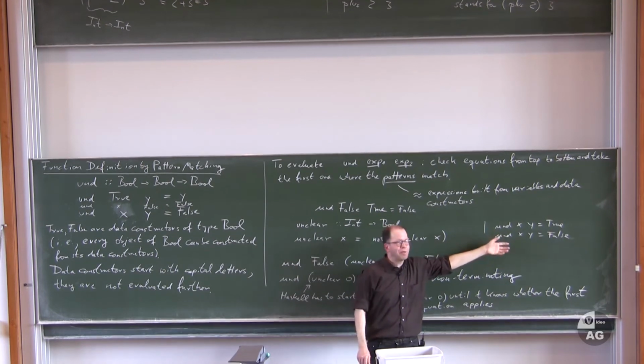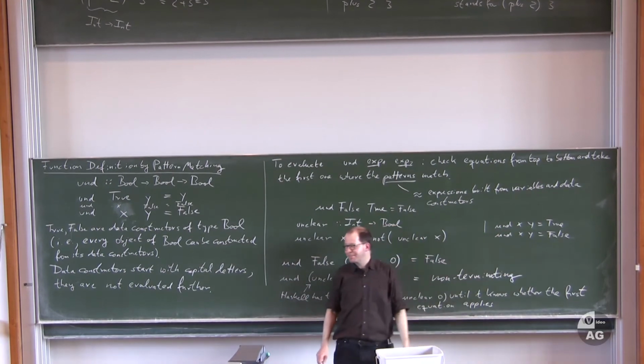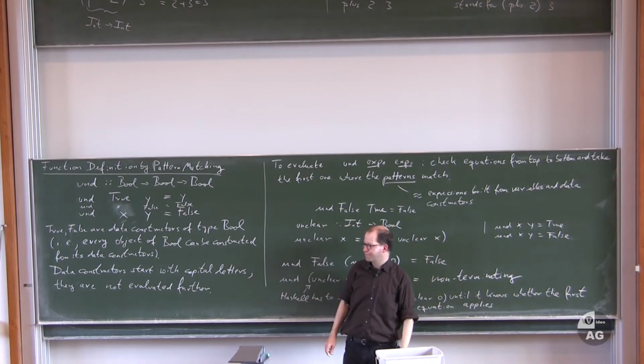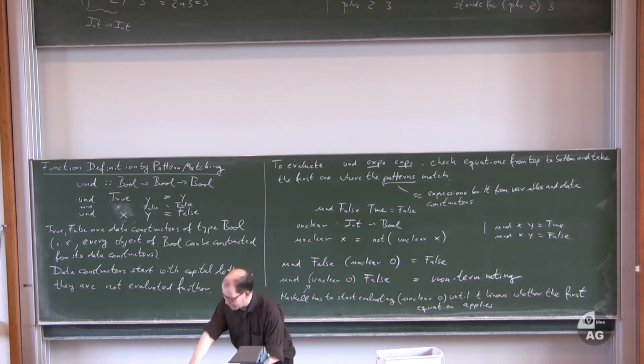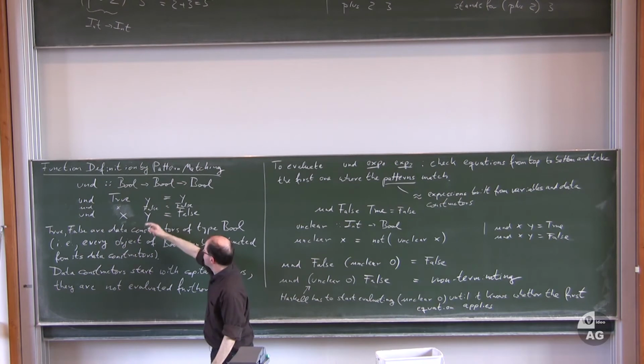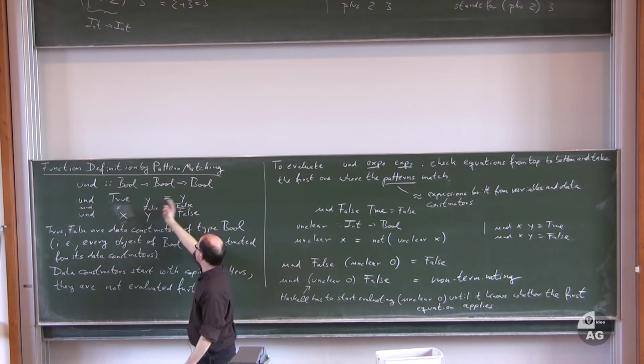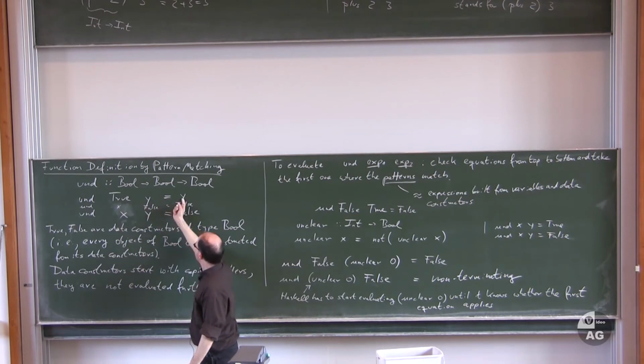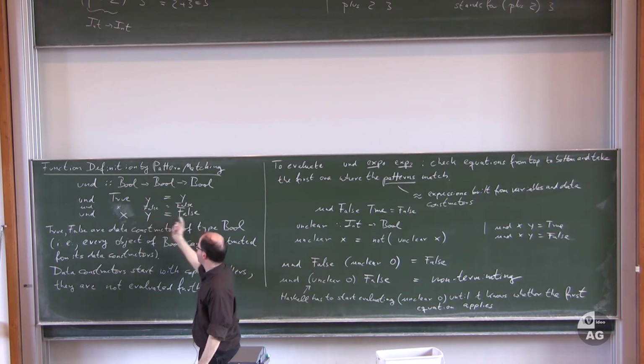This is probably not good style, but I'm actually not sure whether any Haskell compiler will compile this. Maybe it will not. But also here you have contradictions. With true and true, this evaluates to true, but with true and true, this evaluates to false.